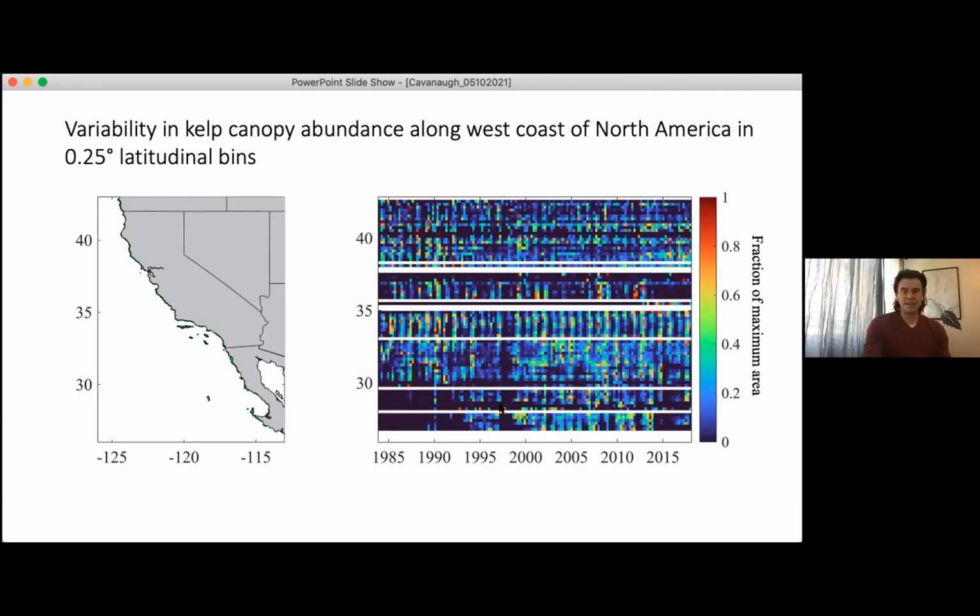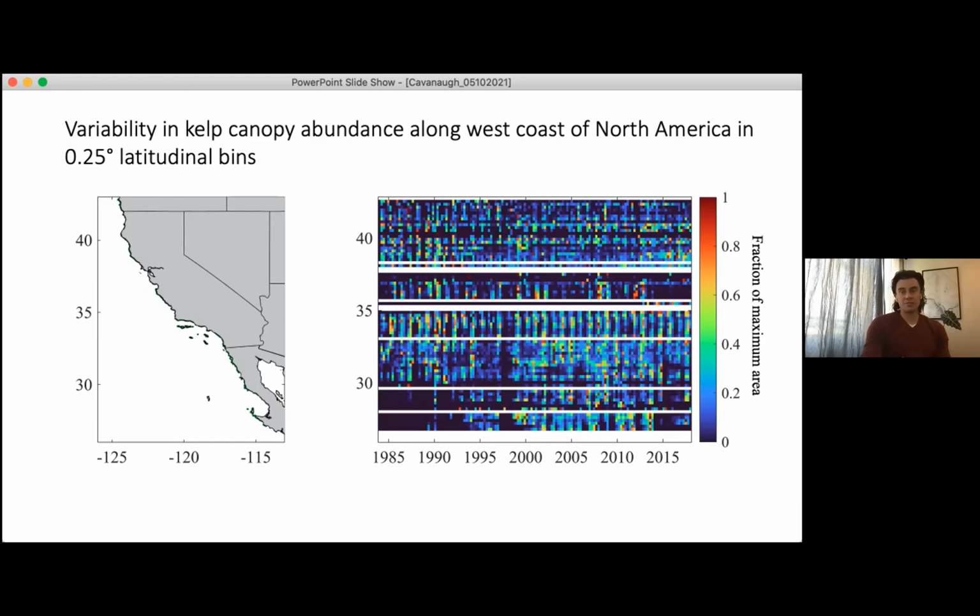And again, you can see this kind of dark thumbprint of the 97, 98 El Nino here, especially in central and southern and Baja California. And then the more recent heat wave, again, central and parts of Southern California were surprisingly resilient, I'd say.